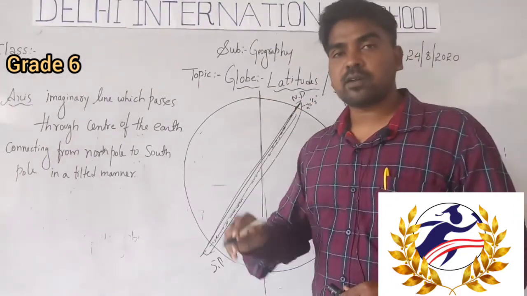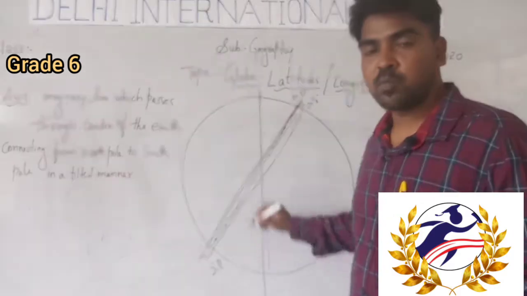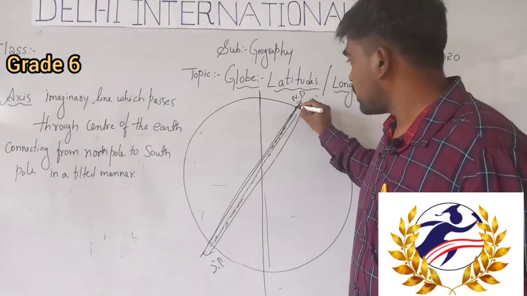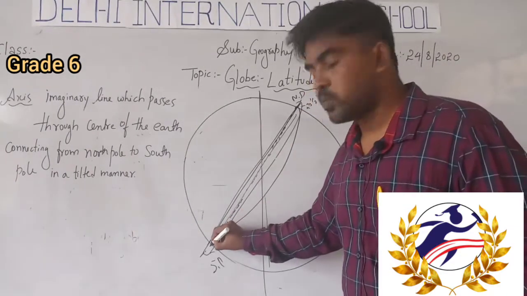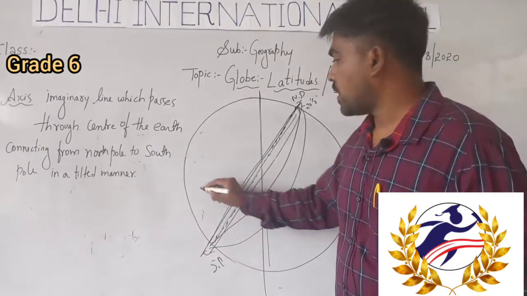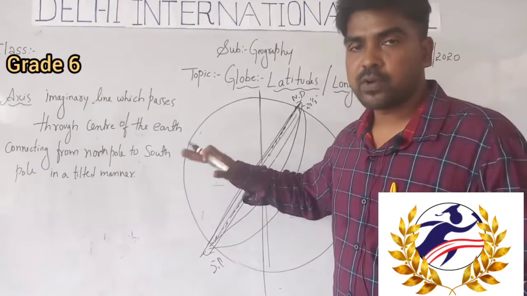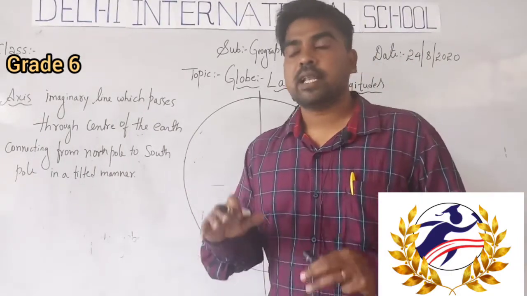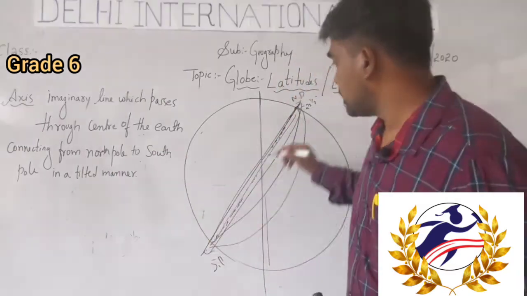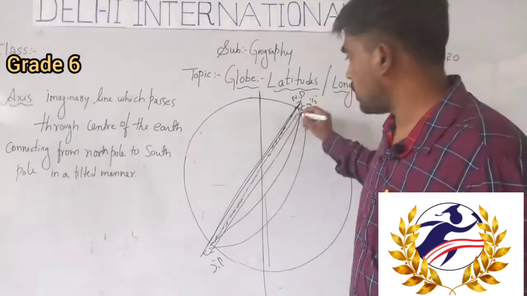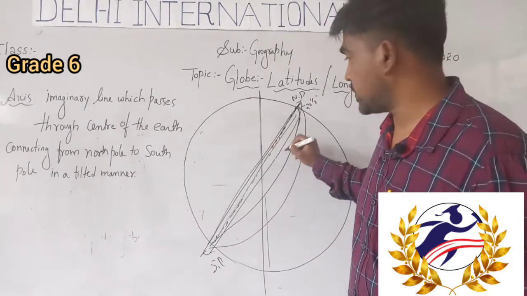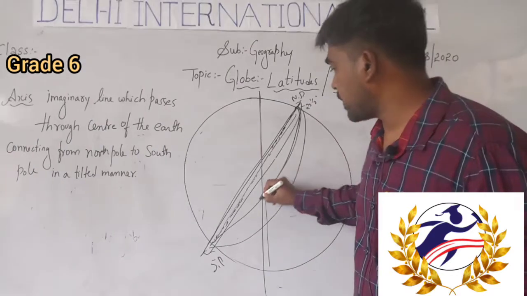So longitudes are drawn on the surface of the globe vertically, not horizontally, from north pole to south pole. Just as we draw the latitudes parallel to the equator, the longitudes are drawn parallel to the axis, so we call them longitudes.